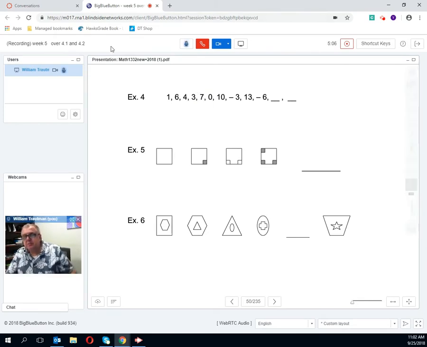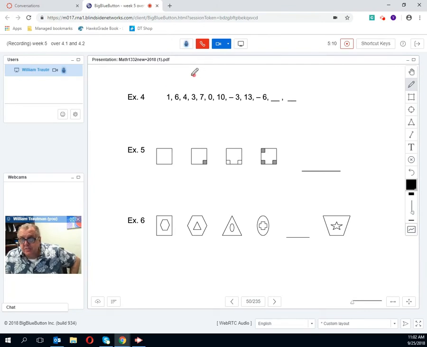Yeah, I don't see a pattern here. I'm sure there's a pattern. I just don't see it. 1 and 6, I see 5, I see 2, I see 1, I see 4, I see 7. I don't see the pattern on this one.